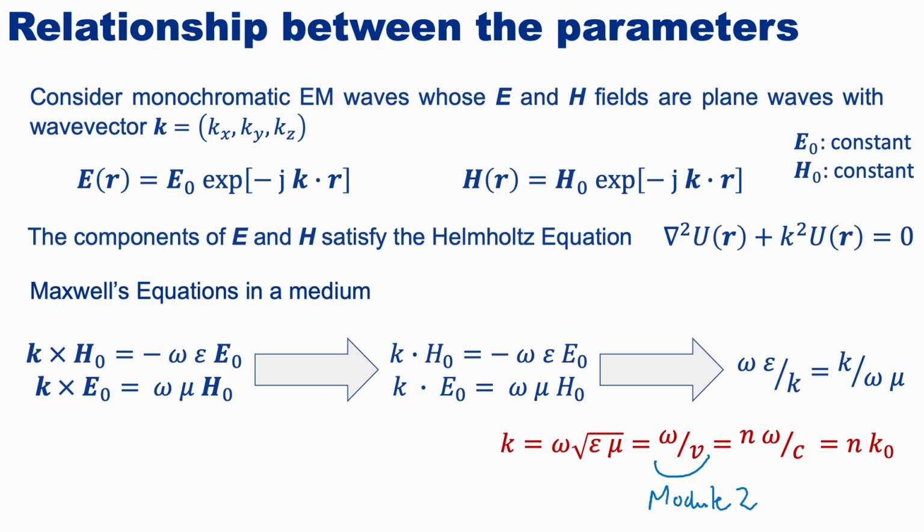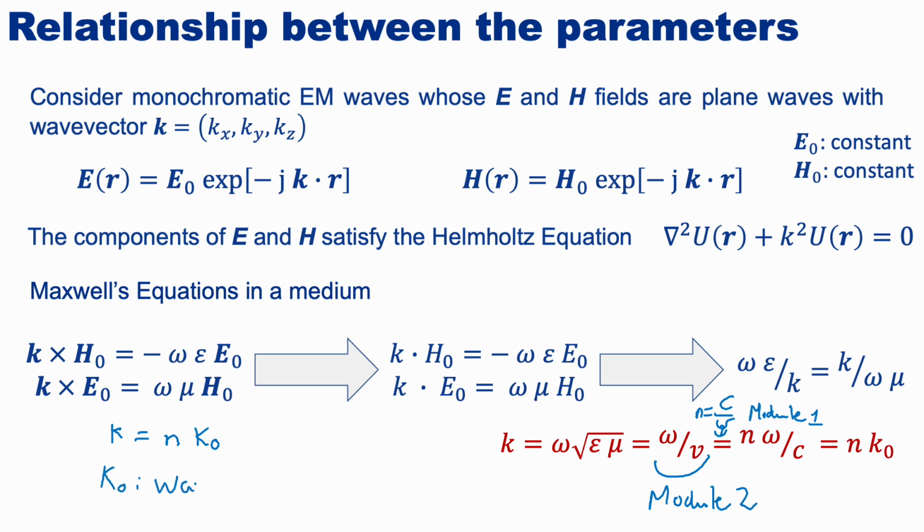When we write the velocity, we can say that the refractive index is c over v, which we already studied in the first classes of the course. So at the end, the wave number in the medium is the refractive index times the wave number in vacuum.